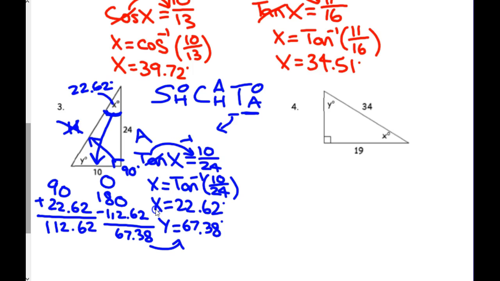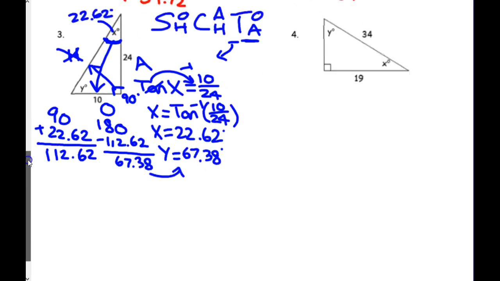So x and y are complementary. They add up to 90 degrees. If we had started at y, we would have done tan y equals 24 over 10, and we actually would have ended up with 67.38 for y. If you wanted to try it right now, you'd do tan y equals 24 over 10.